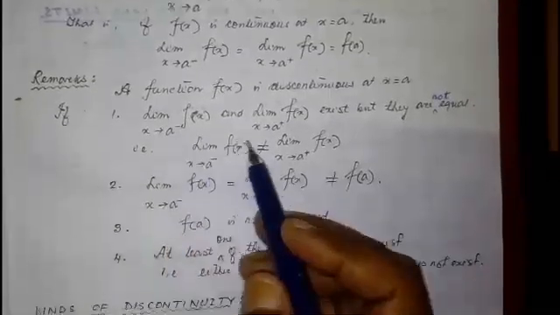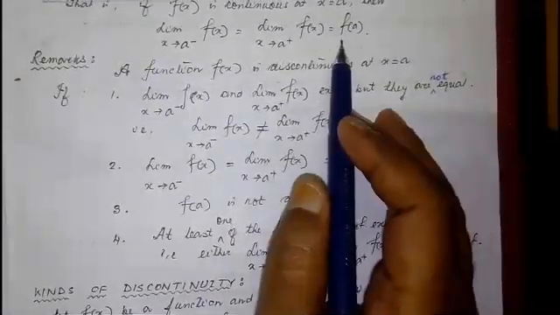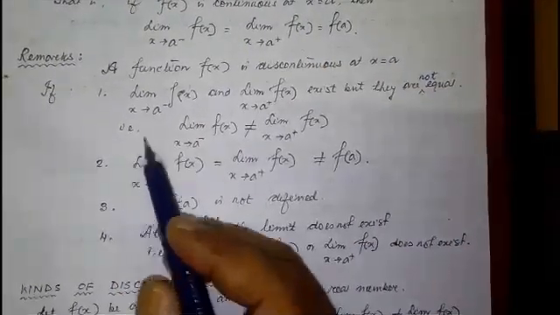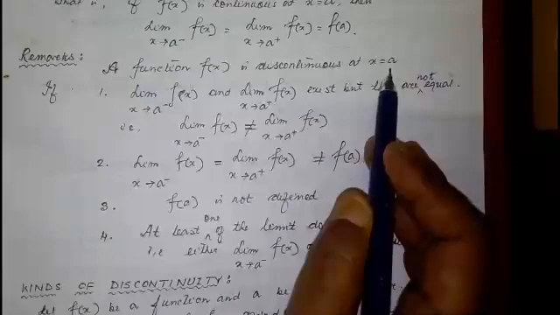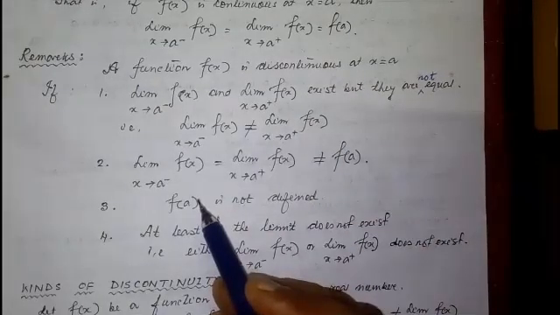Now there are some remarks regarding what we have discussed. A function f(x) is discontinuous at x = a for certain reasons.